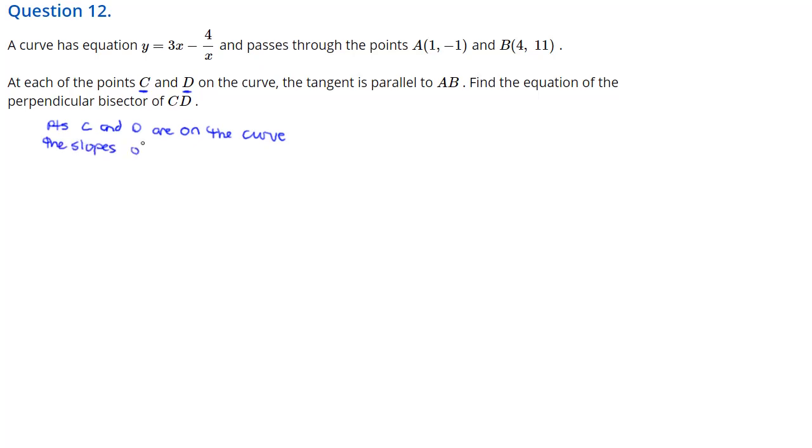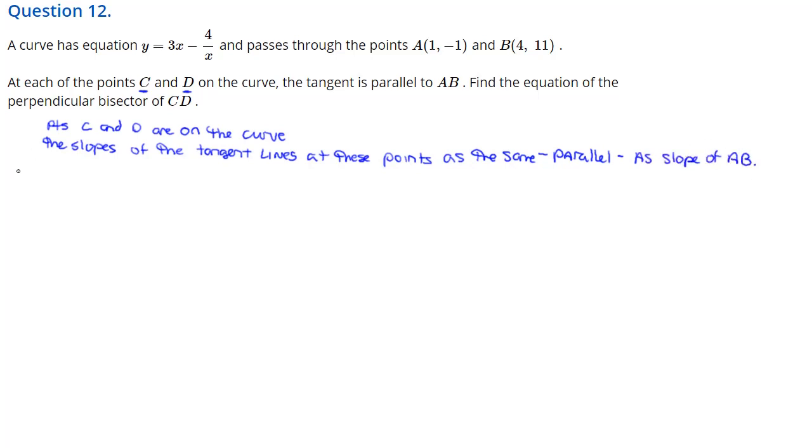And the slopes of the tangent lines at point C and point D are both the same as the slope of line AB. So a perpendicular bisector, we need to find a slope and a point.